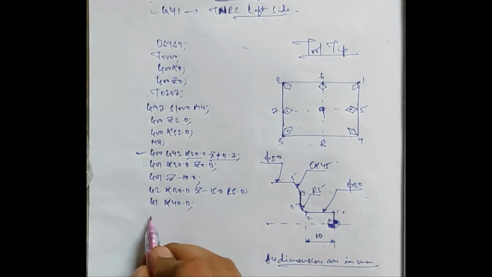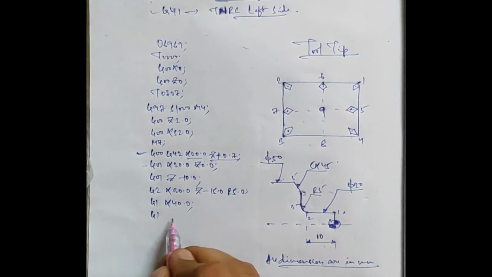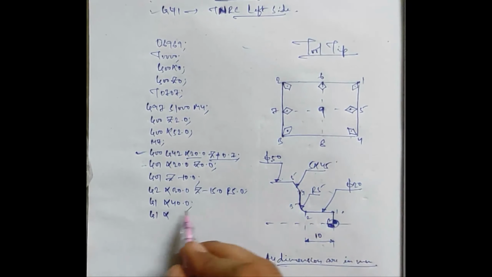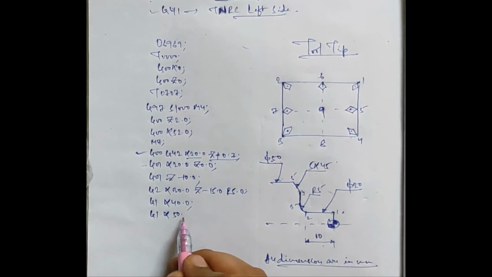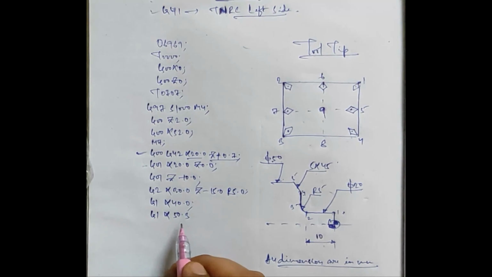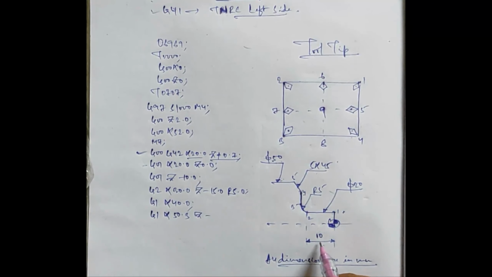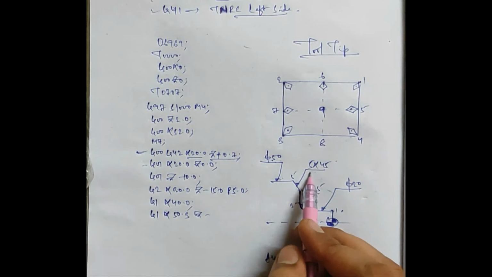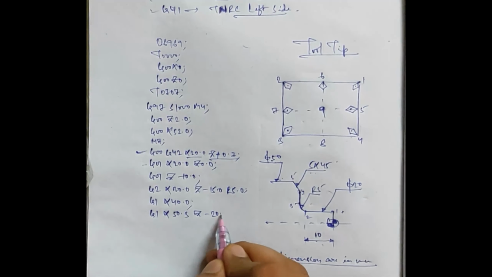Then 4 to 5 is again linear, so G1 X will be how much? 50, let's take 50.3, and Z will be 10 plus 5, 20, 20.3.